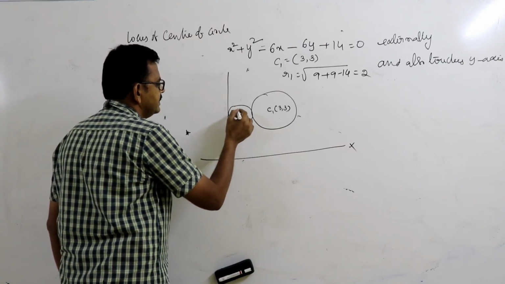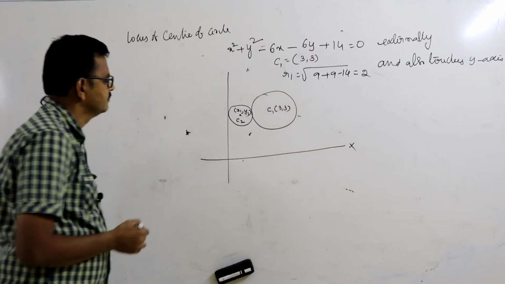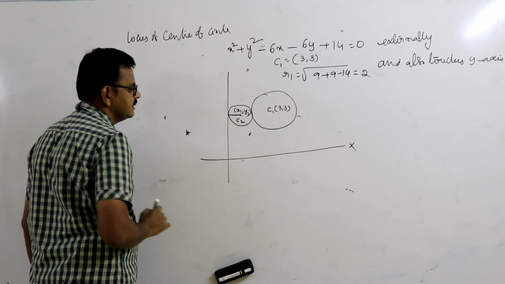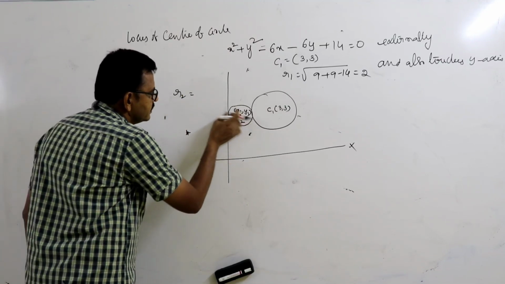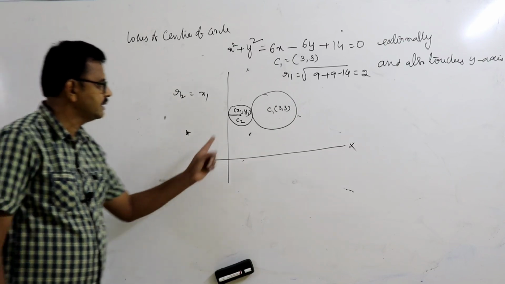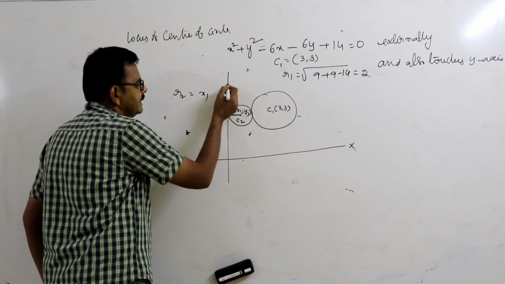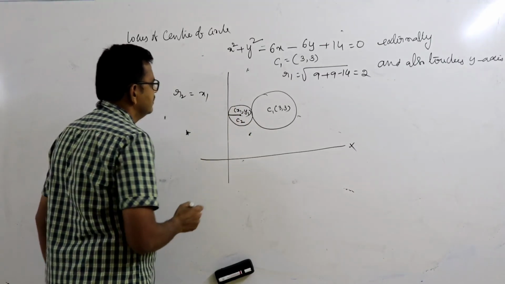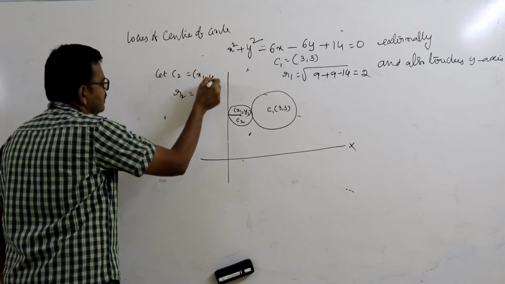Let C2 be the center, that is x1 comma y1. Since the circle touches y-axis, its radius equals the x coordinate of the center. Let center of the second circle be C2 equal to x1 comma y1.